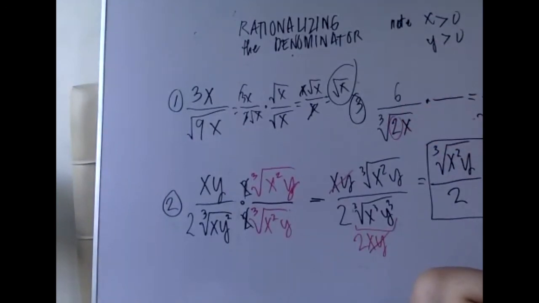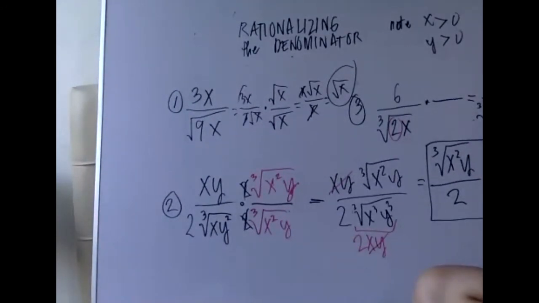So kailangan din yan. So here you will have cube root of 2 cube times x cube. So i-multiply natin would be cube root of, kung 2 cube to, kailangan mo ng 2 squared. X cube to, kailangan mo ng x squared.